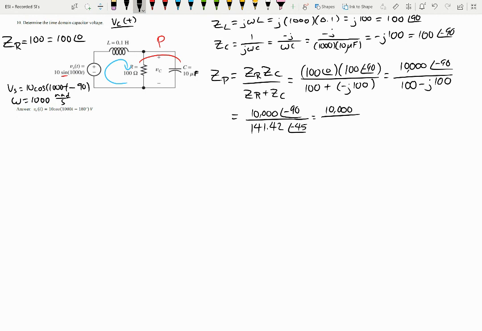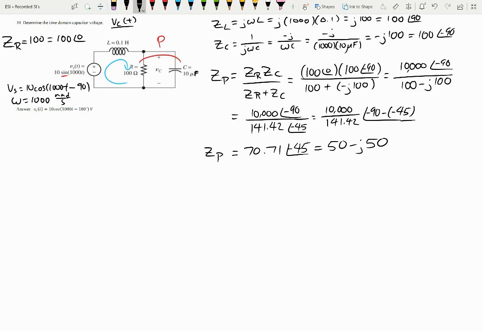So 10,000 over 141.42, negative 90 minus negative 45. That will give us a Z P of 70.71 at an angle of negative 45 degrees, which is the same thing as saying 50 minus j50.